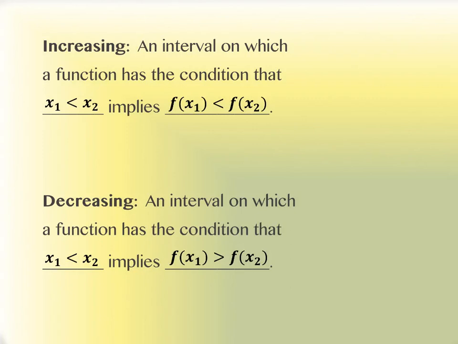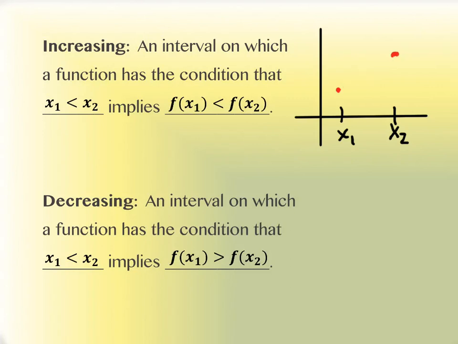So an increasing graph is a graph where when x1 is less than x2, y1 is less than y2, or f of x1 is less than f of x2. Visually, what that means is that if we take 2 points, x1 and x2, and look at the points that exist, then the first one's y value would be smaller than the second one.